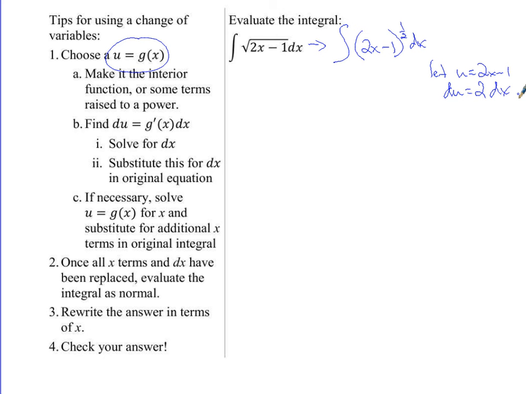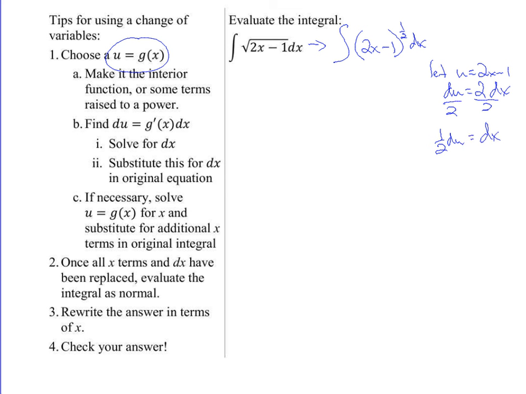As of right now, I have u is 2x minus 1, so this whole thing turns into u when I substitute that in. I have u to the 1/2 dx. I've got to turn that dx into a du. So that's why I'm solving for dx here. I divide both sides by 2, and I get 1/2 du equals dx.